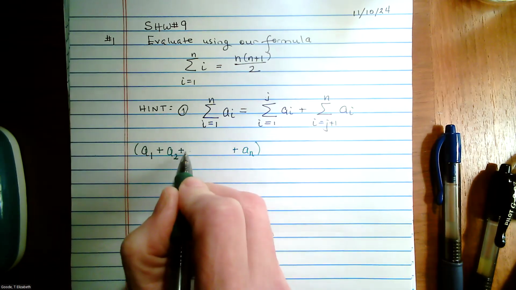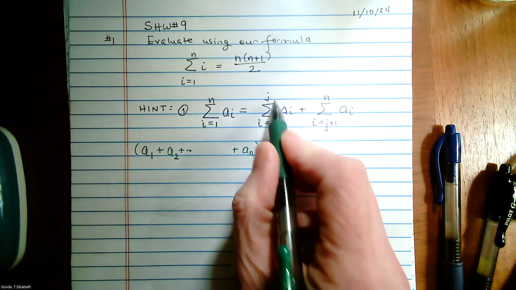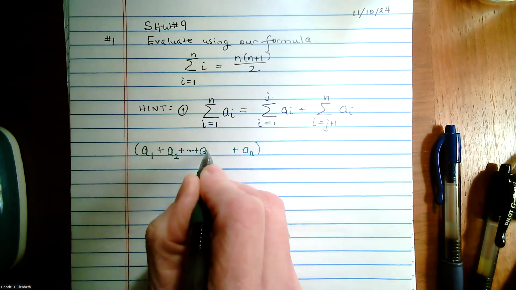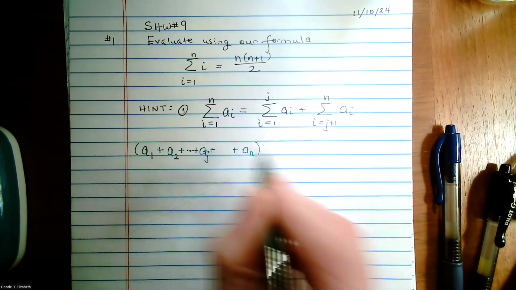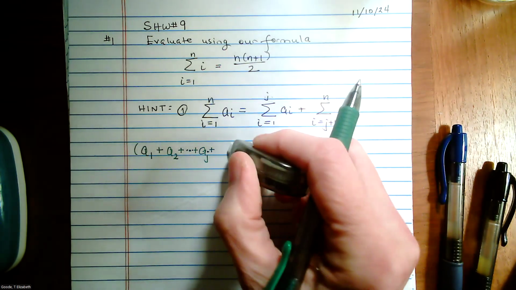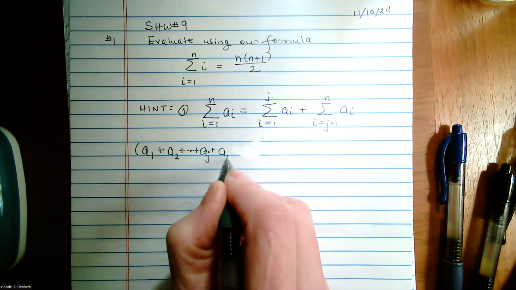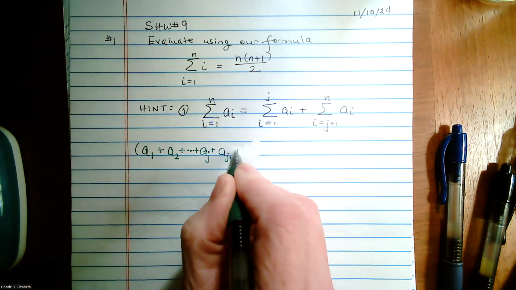In the middle there are some dots, but at some point there's going to be an a sub j, and then the next term would be a sub j plus 1, just the next term because we're indexing by integers that increment by 1.